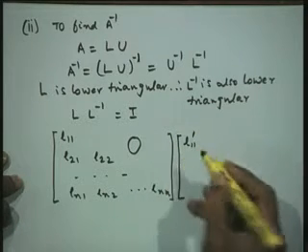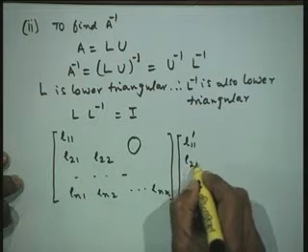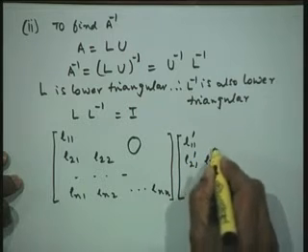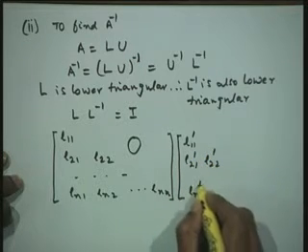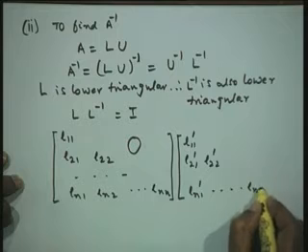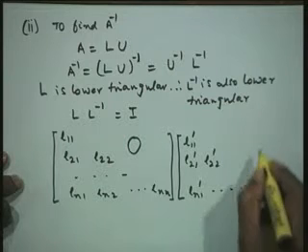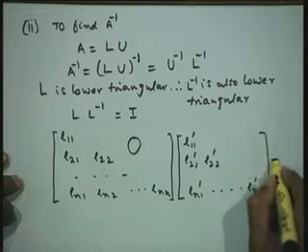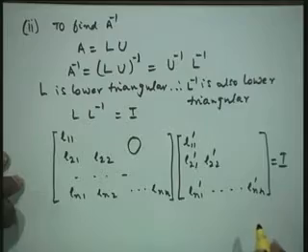So, I will call this L11 prime, L21 prime, L22 prime, Ln1 prime, Lnn prime, and this is equal to I, the identity matrix.